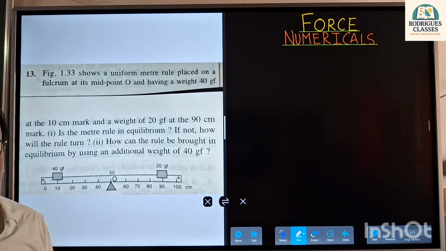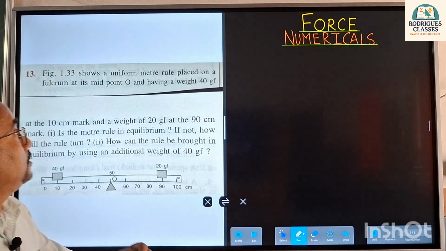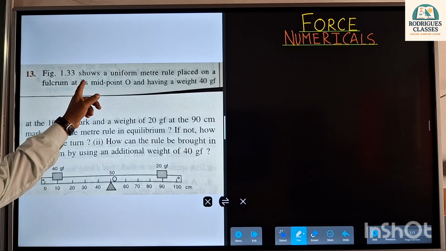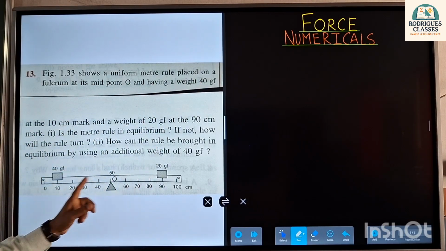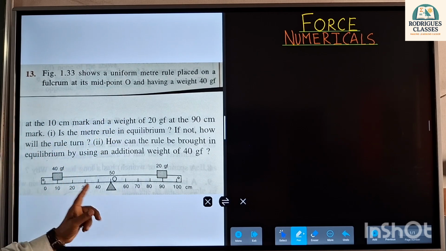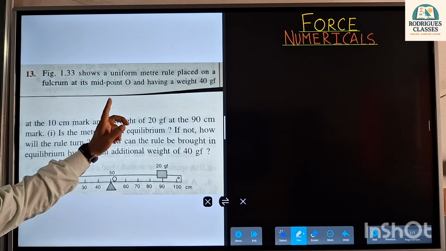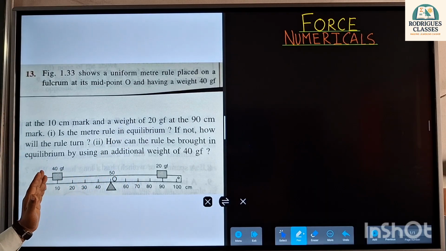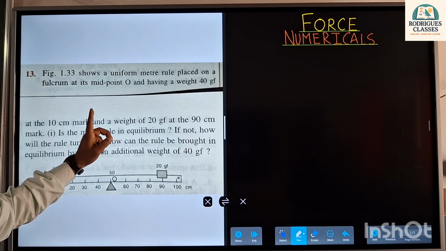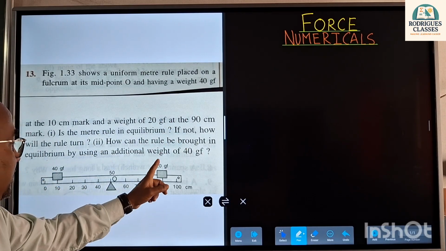Now coming to question number 13, let us see the question. The question says, in figure 1.33, this is the figure, the uniform meter rule, this is a uniform meter rule placed on a fulcrum at its midpoint O. So this is the fulcrum part, midpoint O, having a weight of 40 GF at the 10 centimeter mark. This is 40 GF at the 10 centimeter mark. And a weight of 20 GF at the 90 centimeter mark.